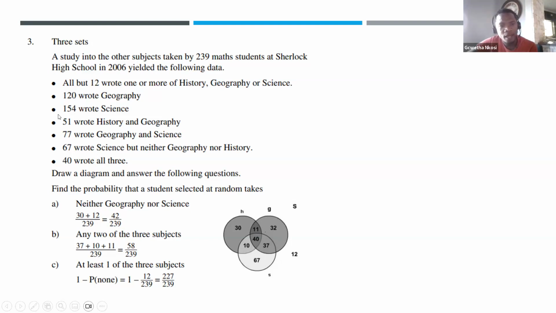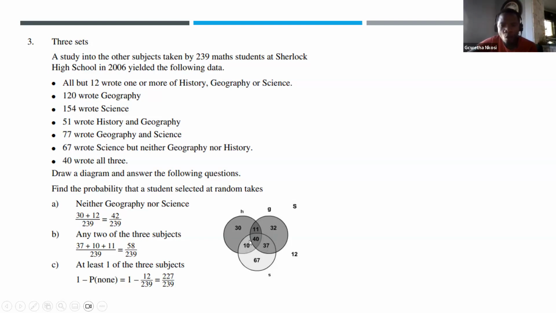I'll have to say 120 minus 11, minus 40, minus 37. When I subtract these numbers from 120, the remainder that I'm going to have is 32. So this 32 will now yield the 120.